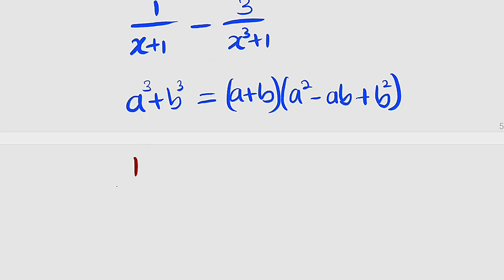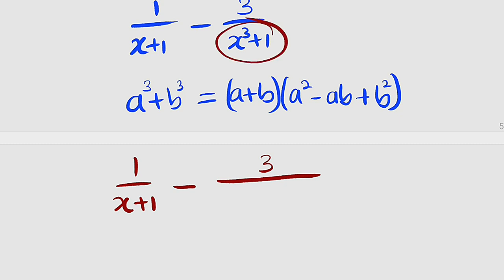So we have 1 divided by x plus 1 minus 3 divided by the whole of this, where a is x and b is 1. So we have a plus b, which is the same thing as x plus 1. Then we multiply by what?